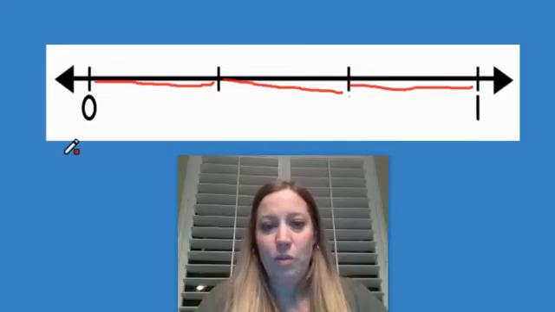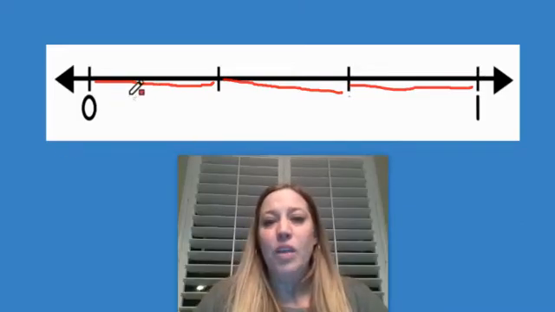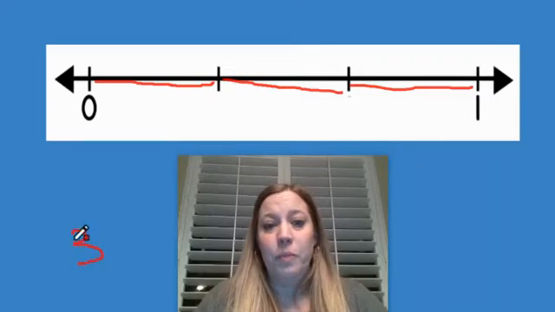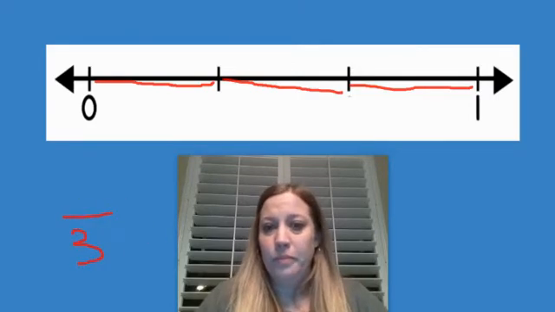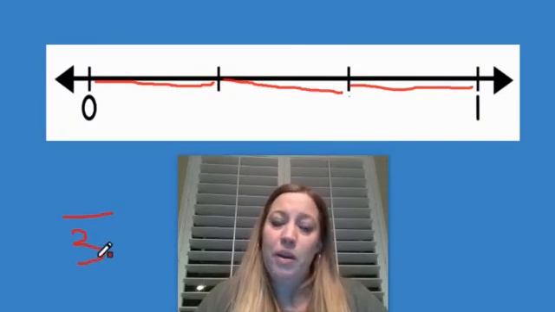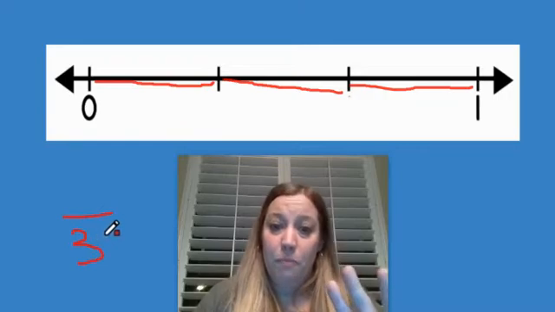Mrs. DeShields is not great with the tools. So there's 3 pieces. If there's 3 pieces, that tells me that my denominator is going to be 3.